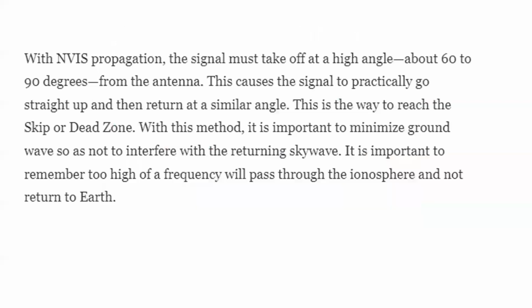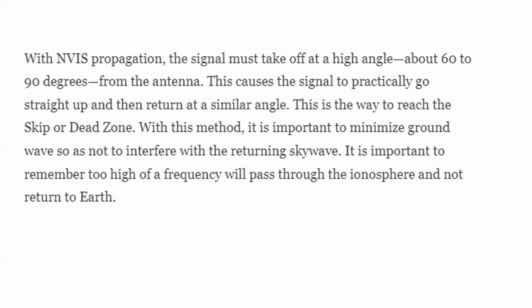So for this to work, your signal must take off at a high angle, about 60 to 90 degrees from the antenna. And the signal gets returned at a similar angle. So that's the way to fill in the skip or dead zone.